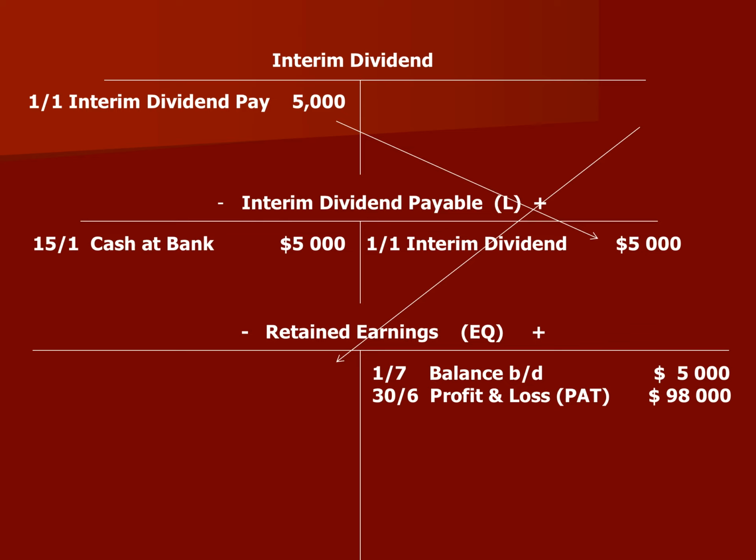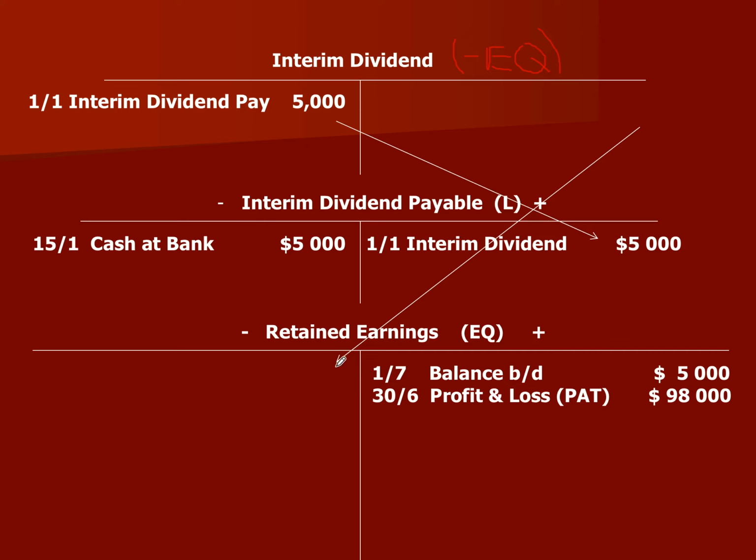So now this interim dividend account sits there till the 30th of June. I don't know if you remember from your Year 11 studies drawings, this is a distribution to the owners, so it's like the drawings account. So it's actually a negative equity account. And because it's a negative equity account, at the end of the period, it's offset against the retained earnings.